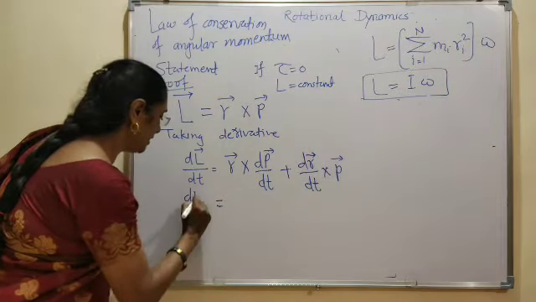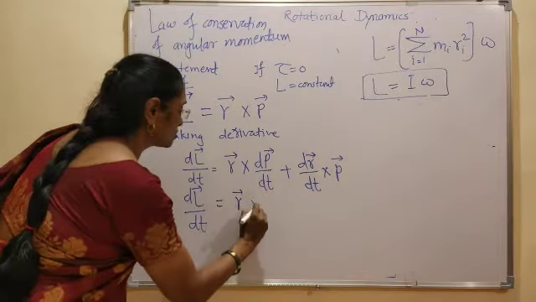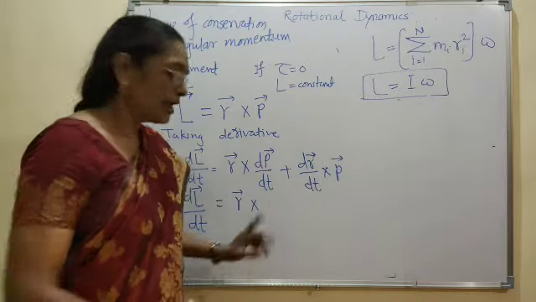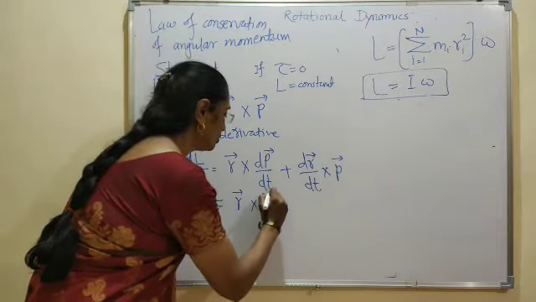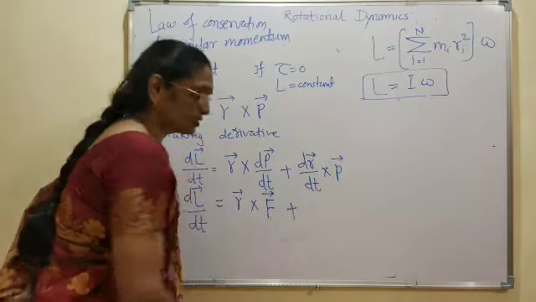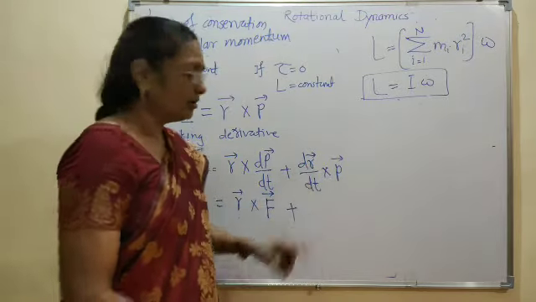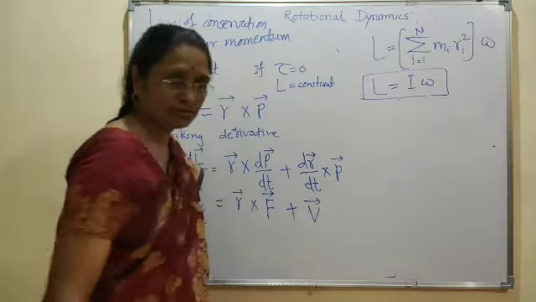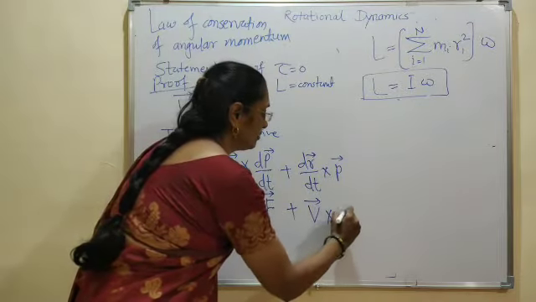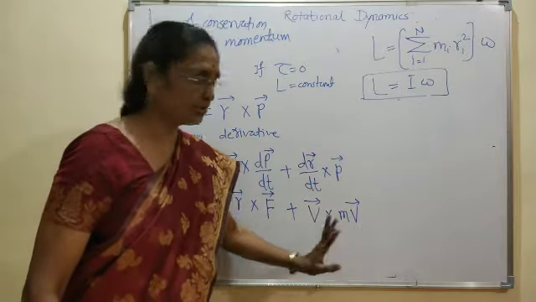Here dL by dt is equal to r cross dp by dt, where dp by dt is the rate of change of momentum, and according to Newton's second law, it is a force, so r cross F, plus dr by dt, the rate of change of the position vector, which is the velocity vector, cross p. p is the product of m into vector v.